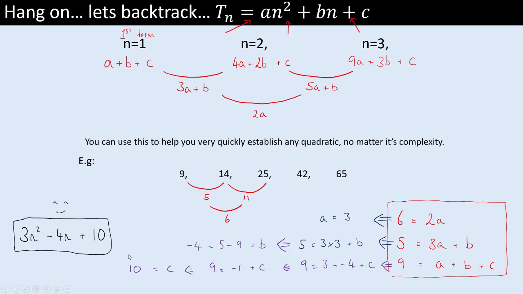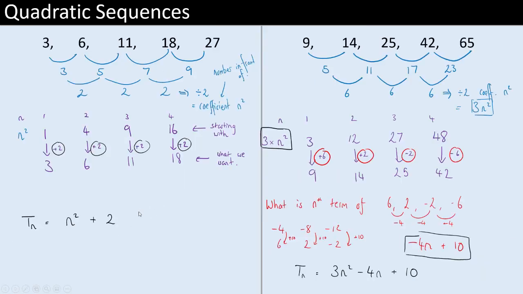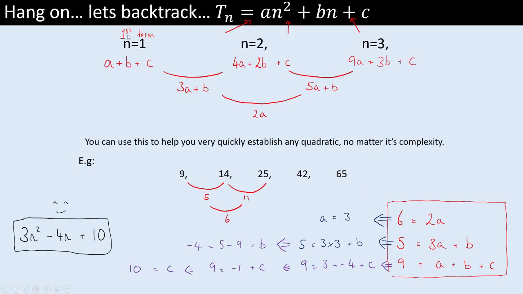Okay? So you've got 2 very different methods for quadratic sequences. I think that this links slightly better to what you do with linear sequences. I think that this can work well as a one size fits all strategy.